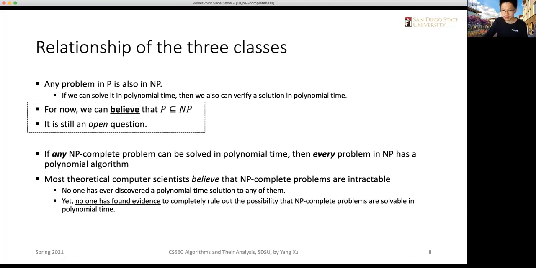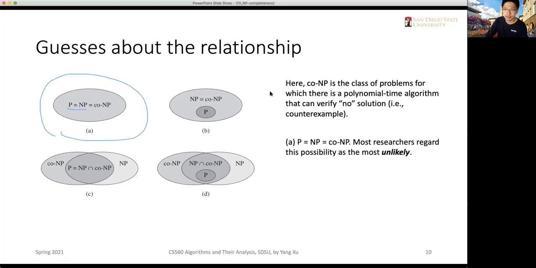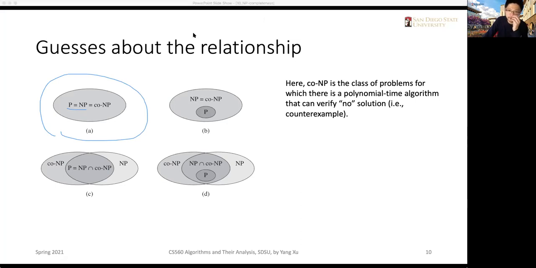Okay, so if we describe those relationships with some set language, with some graphs, there could be several different relationships. For example, the first guess is that P equals NP. And the co-NP here means that if a problem can be verified to have no solution, like a counterexample, right?